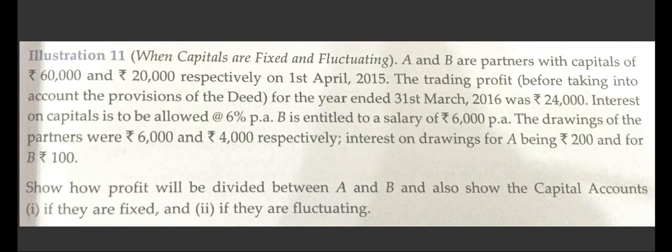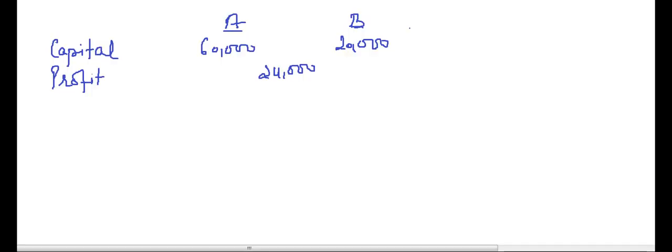So now let's see what are the provisions of the deed. It says interest on capitals is to be allowed at the rate of 6% per annum. Interest on capital at the rate of 6%.